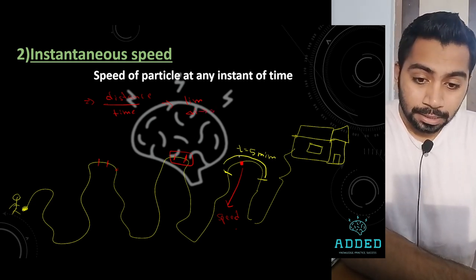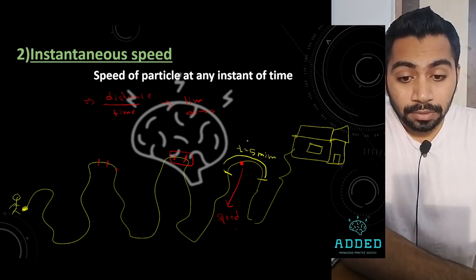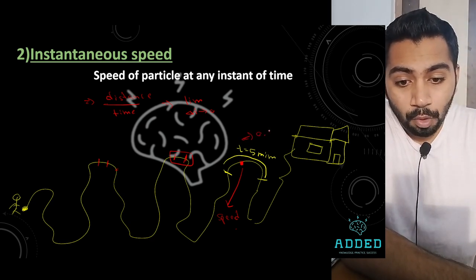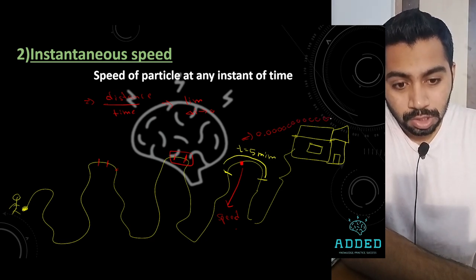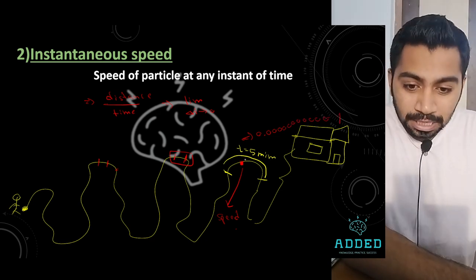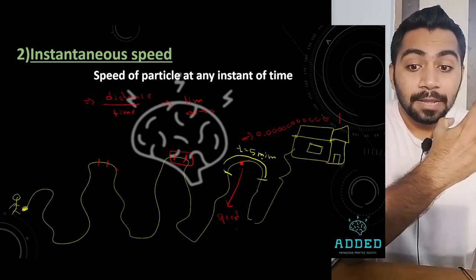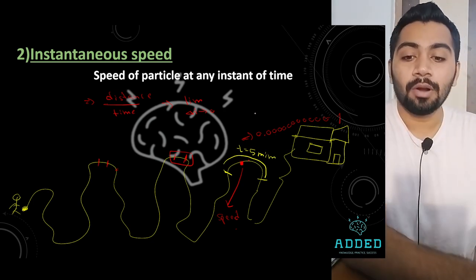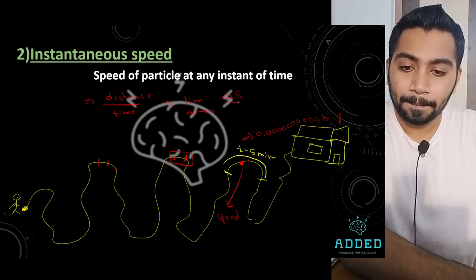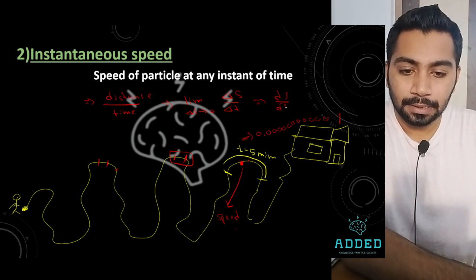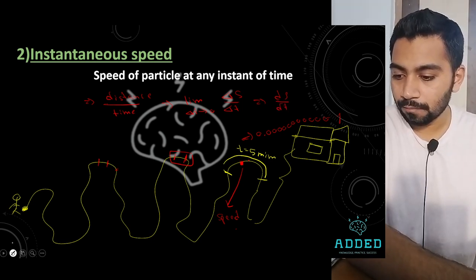In this 5 minutes we calculated. Now this time becomes 0.0000000000001, which is a dot. At that time, what was your speed? That we call instantaneous speed, and it is written as ds by dt. I will explain you clearly one more time.